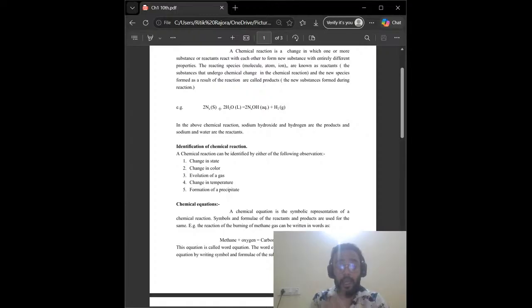That's why. And it is basically yellowish in color. And chlorine is available in various colors. Sometimes it is available in green color, sometimes in white color.